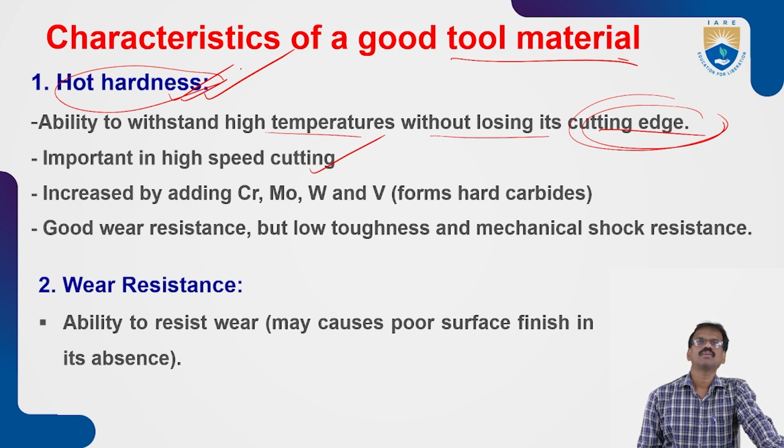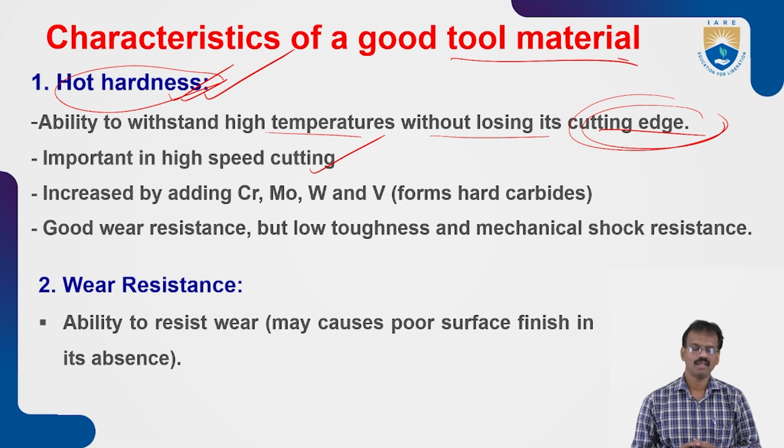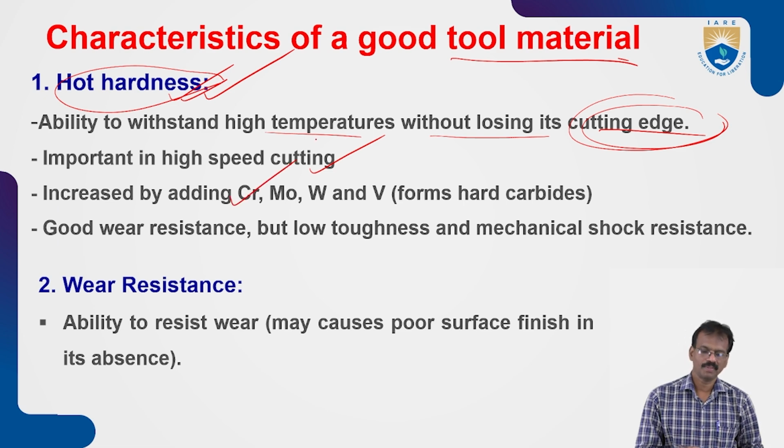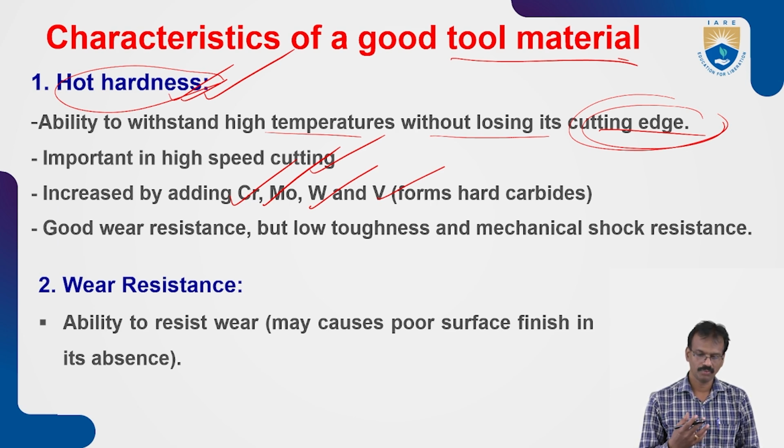Next, we can increase the hardness of a material by adding some alloying elements like chromium, molybdenum, tungsten, and vanadium. These are very important alloying materials to enhance the properties of cutting tool materials mainly.